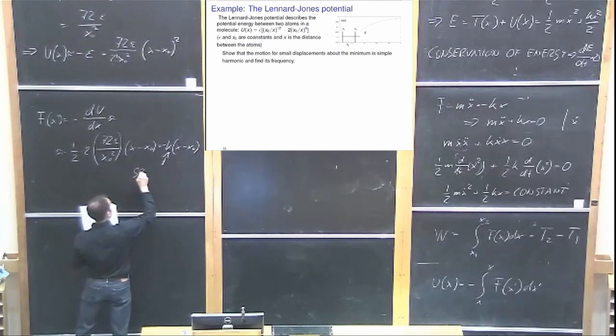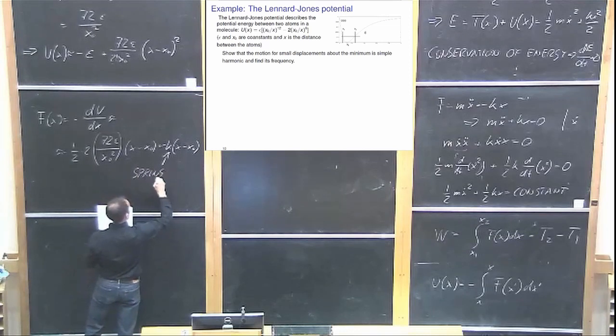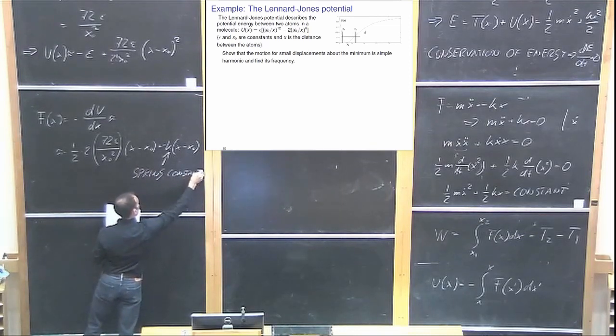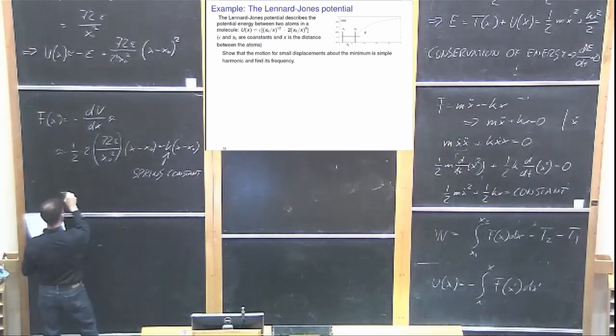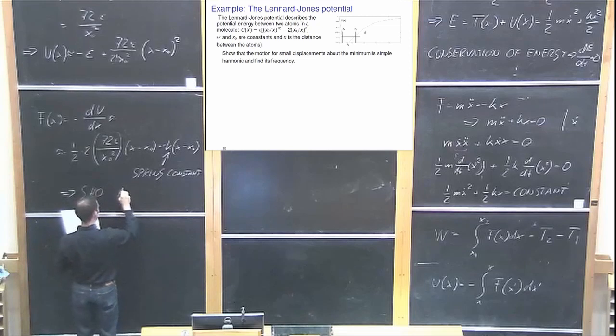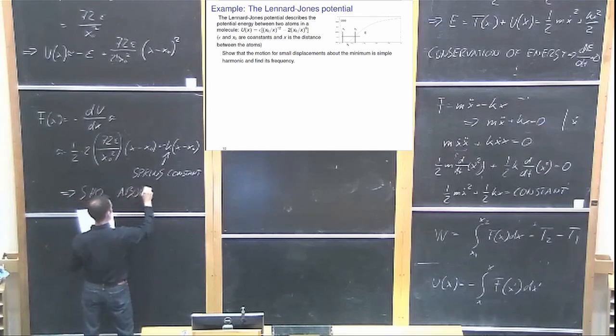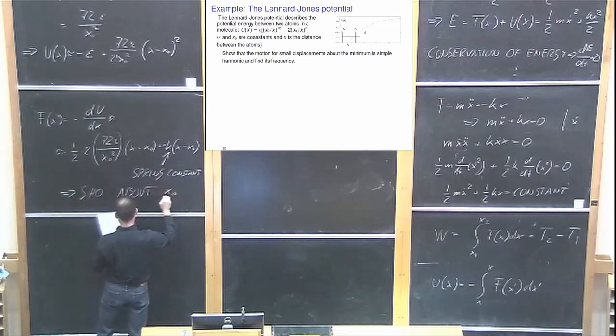So as before, we get a simple harmonic oscillator about x naught.